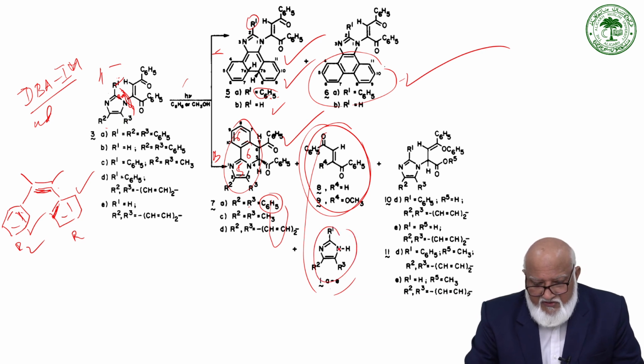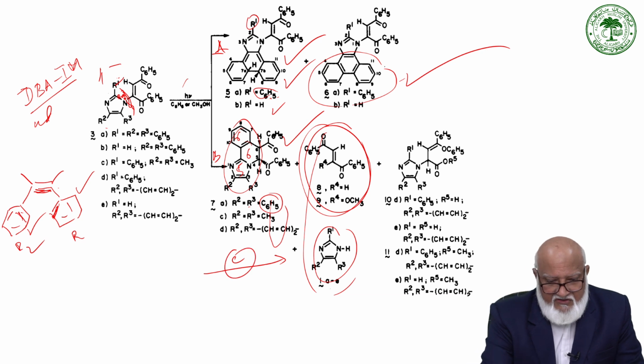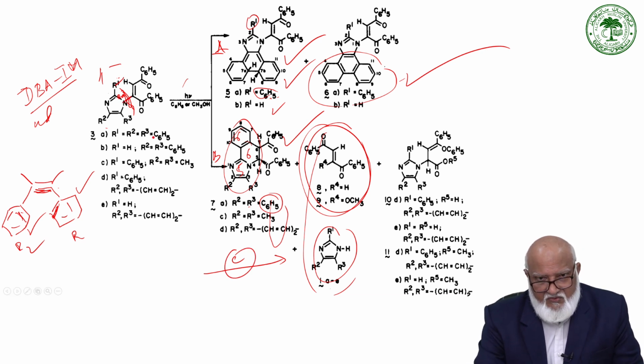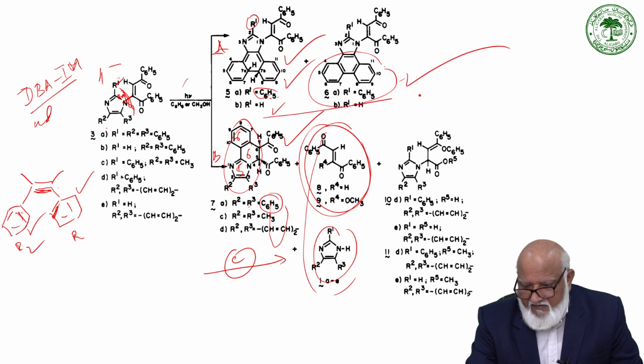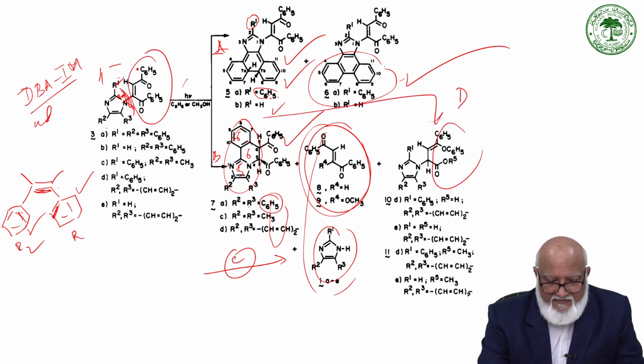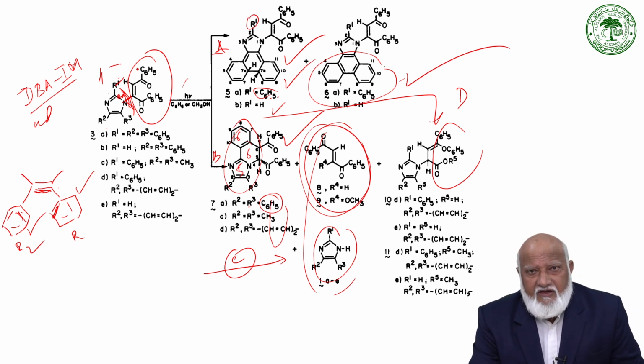This is also observed in the photochemistry, and this is path C, where there is just cleavage of the linkage between the imidazole nitrogen and the dibenzoyl ethylene bond. Path D is the dibenzoyl alkene rearrangement. See, this rearrangement we have already looked into while studying the photochemistry of alkenes.